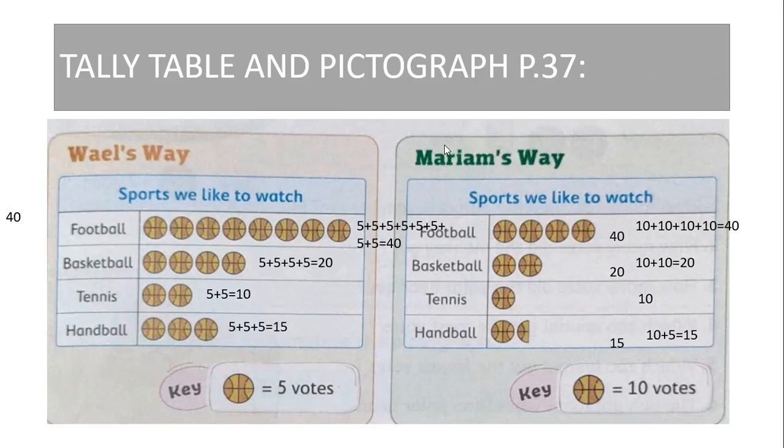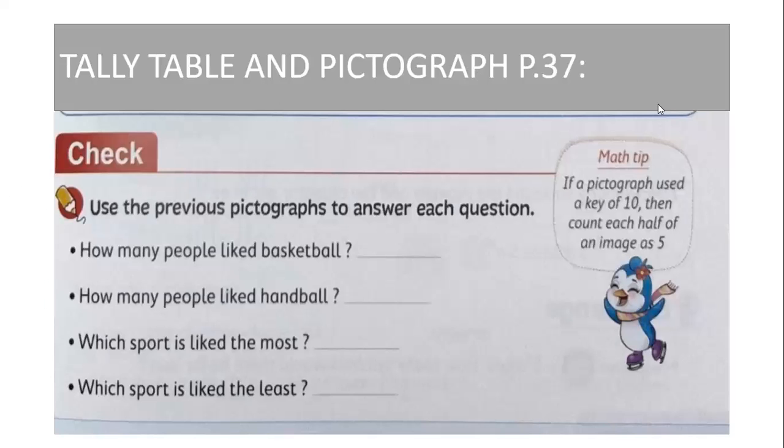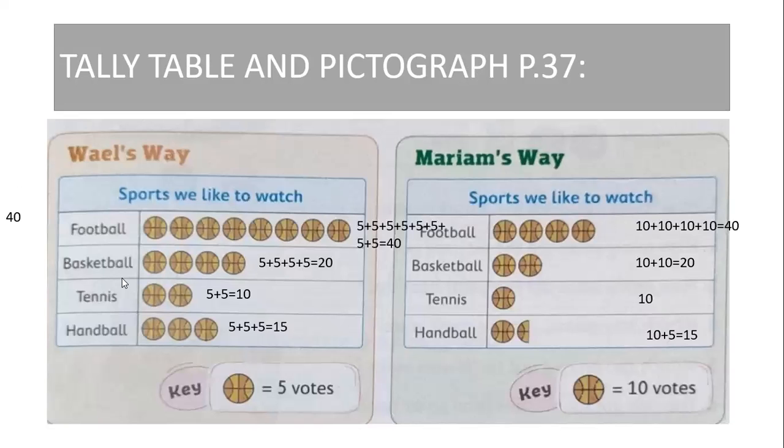Okay, we complete here as I explained this page. Tally table and pictograph. From the graph, we will see how many people like basketball. It is 20 votes. We will look here and see. Basketball 20, and he will ask me about the most. What is the meaning of the most? Most means the bigger number.